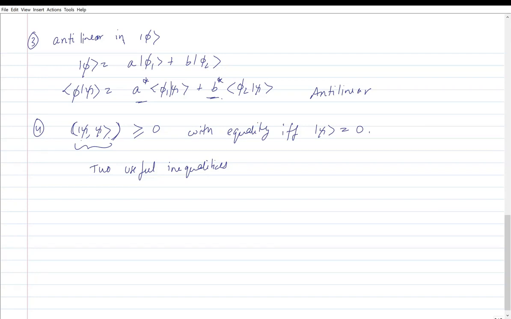The triangle inequality, which essentially is this guy, and also the Schwarz inequality.